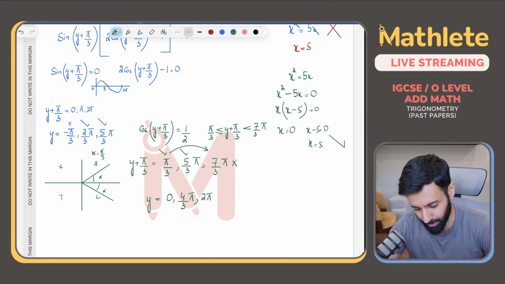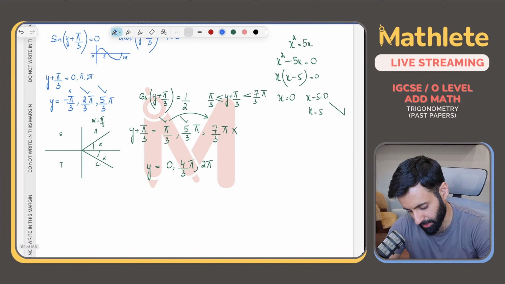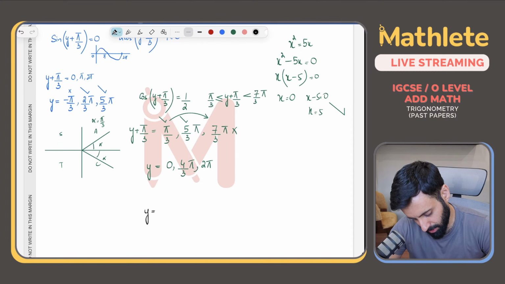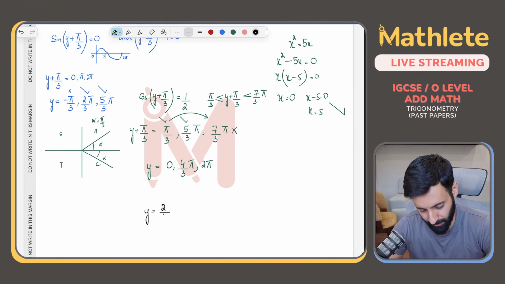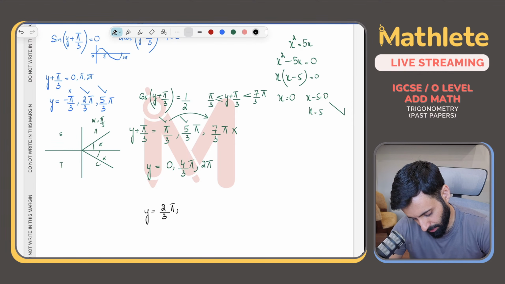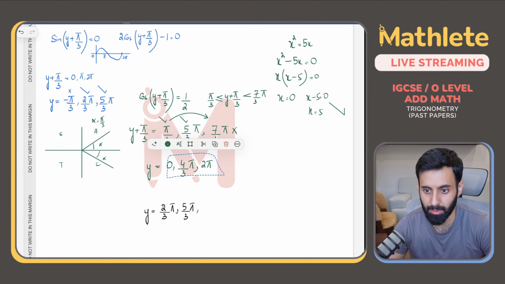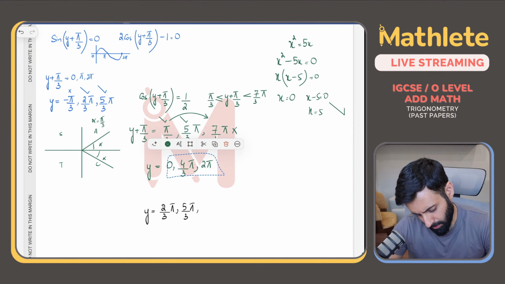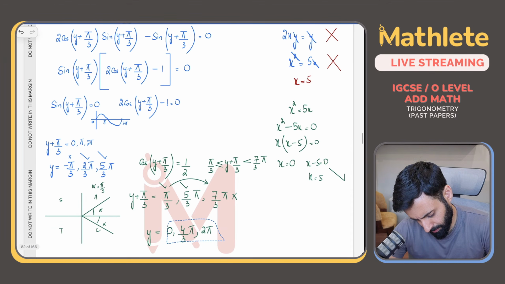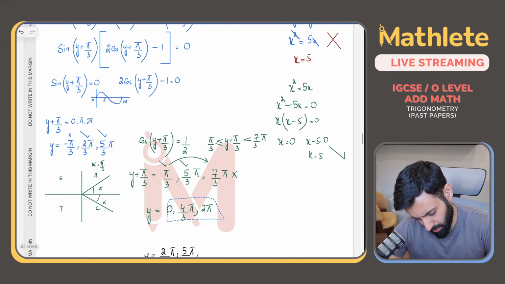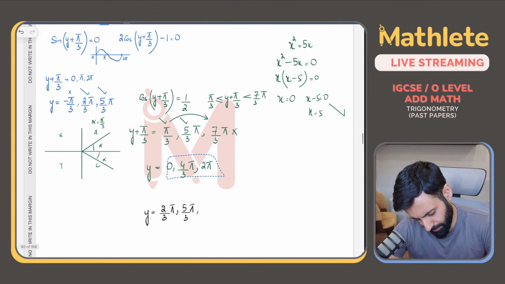Okay, now we have to combine all the solutions and then write one final answer. And what's that equal to? So y is equal to 2 upon 3 pi, then 5 upon 3 pi, and then all these answers. So altogether, how many answers do we have? Wait a minute.